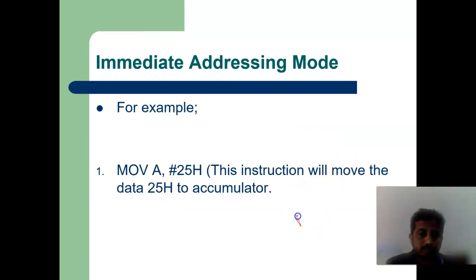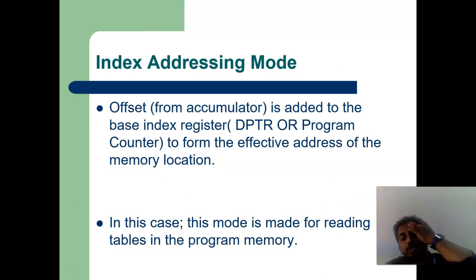One more example, MOV B, #35H. So this 35H would be stored into the B register. Both of these are immediate addressing mode, where the 20H value is stored in the A register and the 35H value is stored in the B register.